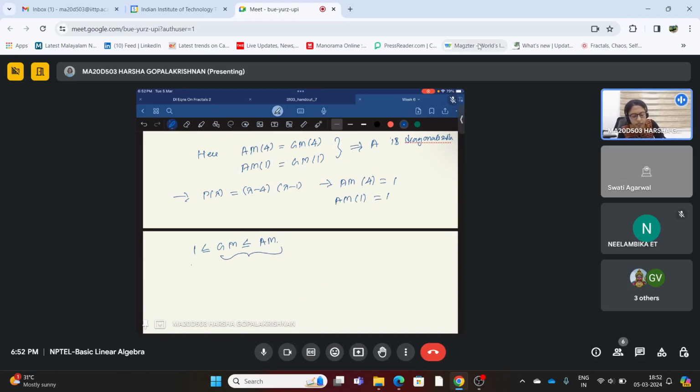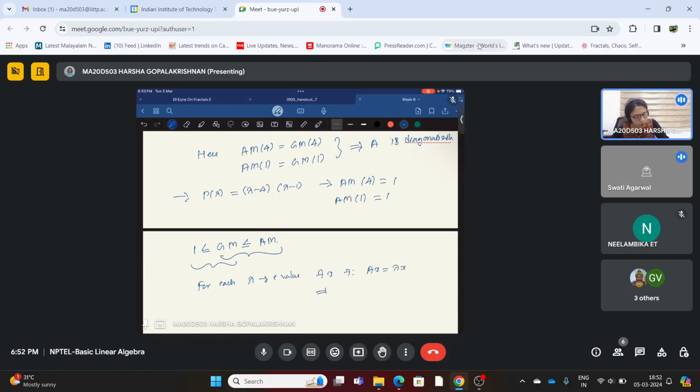Here we can see why it is always so: corresponding to each eigenvalue, at least one eigenvector exists. That eigenvector belongs to the null space of A minus lambda I. For each lambda which is an eigenvalue, there exists x such that Ax equals lambda x.